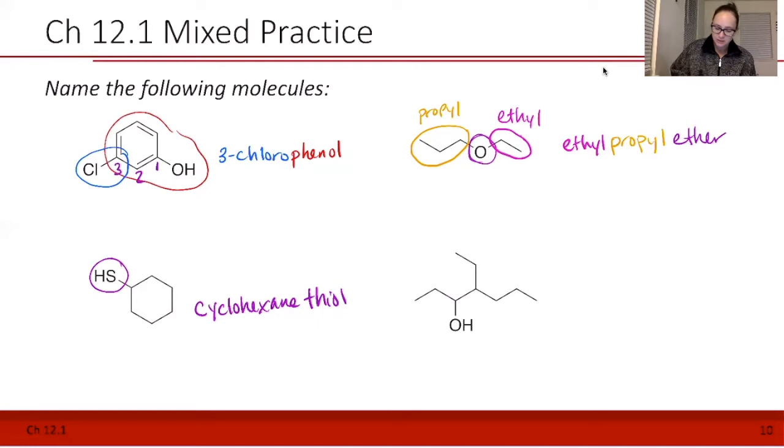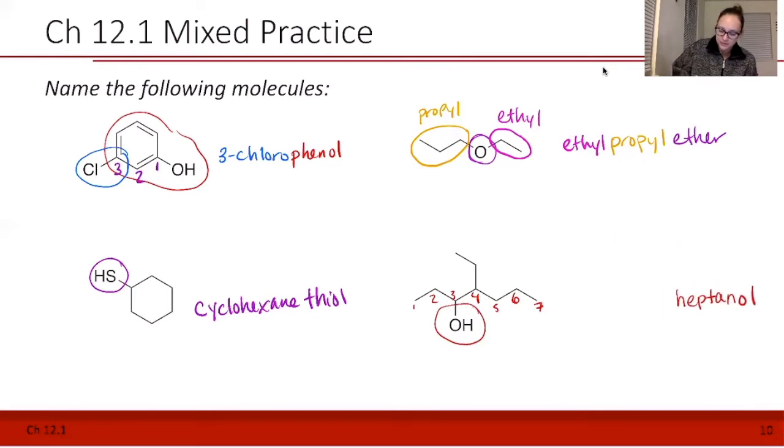And last but not least, we have our alcohol down here. Okay, so for alcohols, we're going to number our carbon chain, putting the alcohol at the lowest number possible. So let's do that first. 1, 2, 3, 4, 5, 6, 7. That means that we have a heptane. So we're going to get rid of that E, A-N, get rid of the E and then replace it with an OL to show that we have an alcohol.